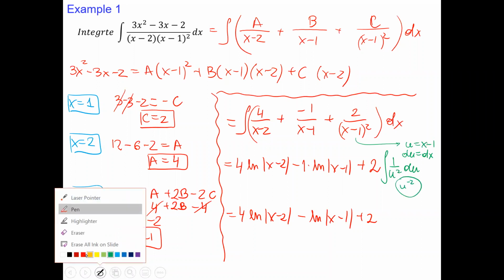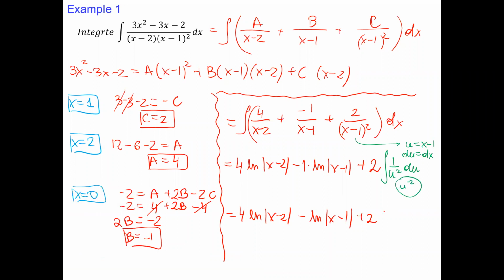The integral will be u to the negative 1 over negative 1, which is negative 1 over u. And actually, instead of u, we can substitute back x minus 1.